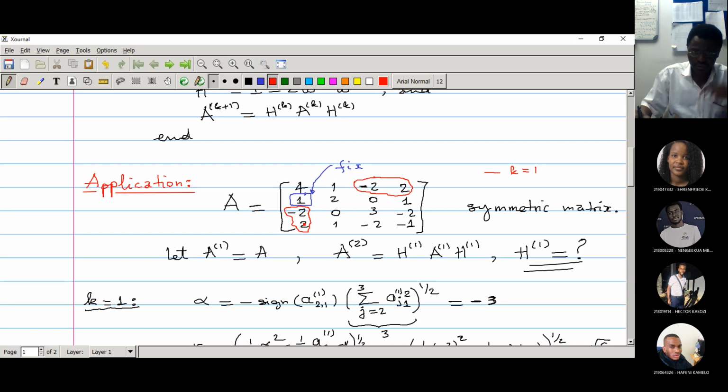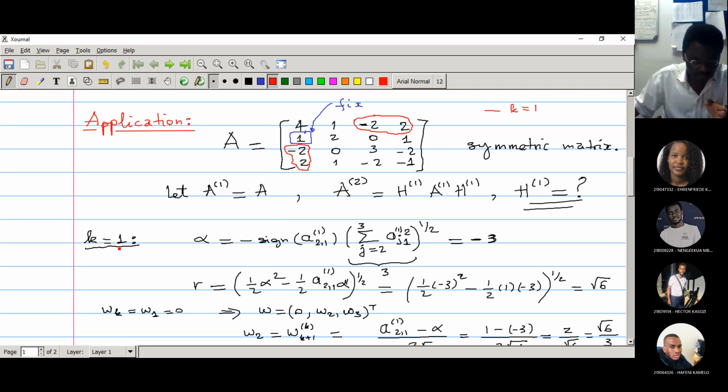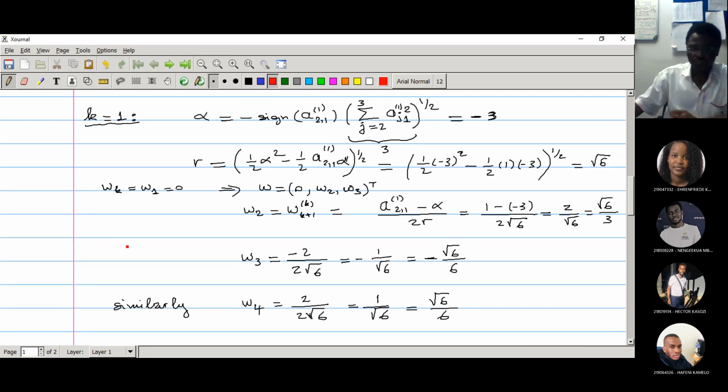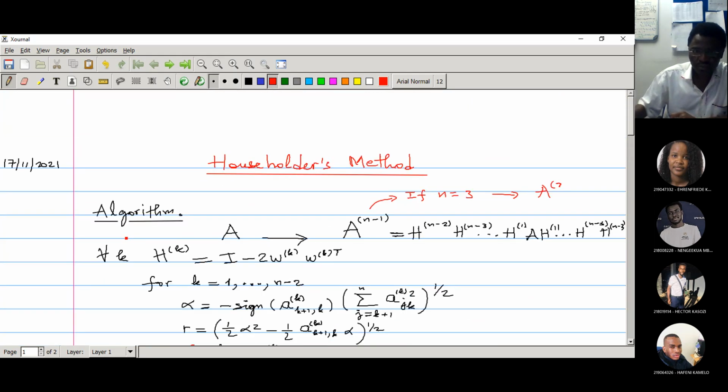The number of computation will be 2. So this is the first when K is 1 and then 2. So it's a bit confusing if you apply it that way.